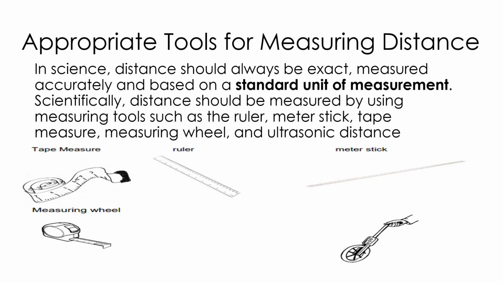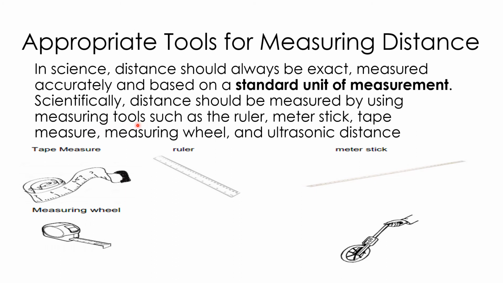So, we have appropriate tools for measuring distance. So, in science, distance should always be exact, measured accurately, and based on a standard unit of measurement. So, dapat naka-standard unit of measurement tayo. Dapat exact, accurate. So, scientifically, distance should be measured by using measuring tools.